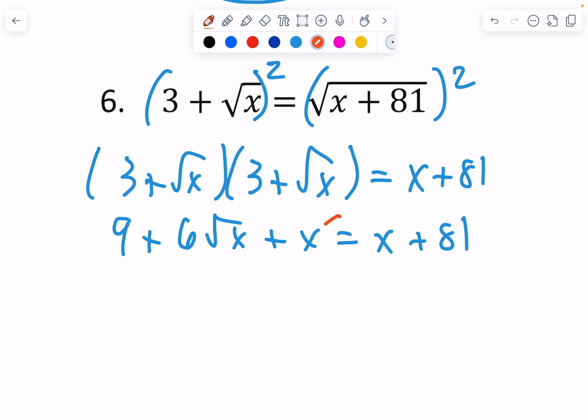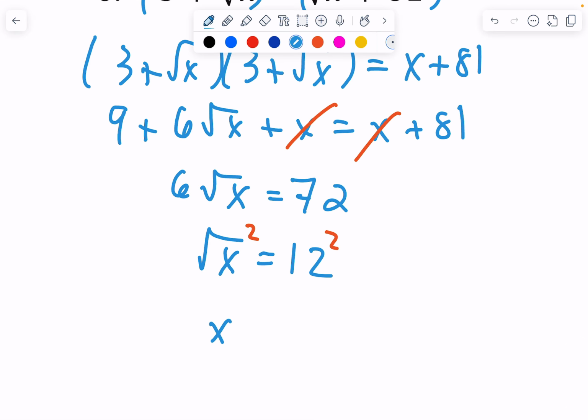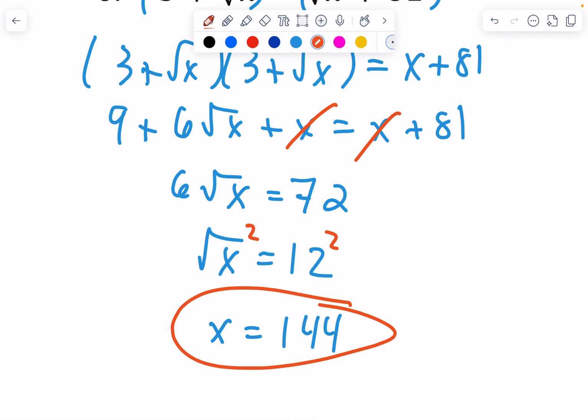Combine your like terms. Divide by 6. Square both sides. You get 144, and that will work when you plug it back in. And that's the end of that lesson.